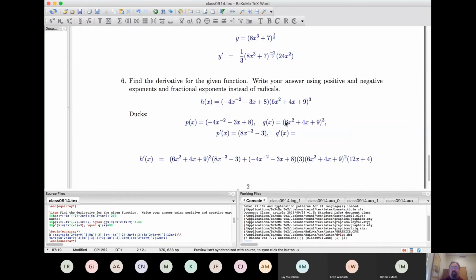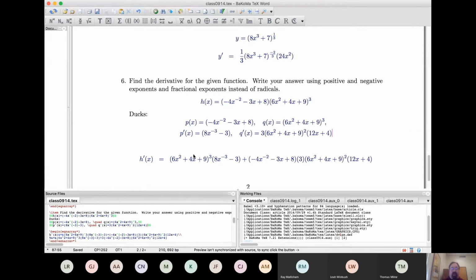And then here, for this piece, the general power rule is needed. So you bring the exponent down, and then what's being raised to the third power is untouched, deduct 1 from the exponent, and then take the derivative of what's inside. So after that, here the general power rule has been used, and then you put all the pieces together for the product rule, just like last lesson.